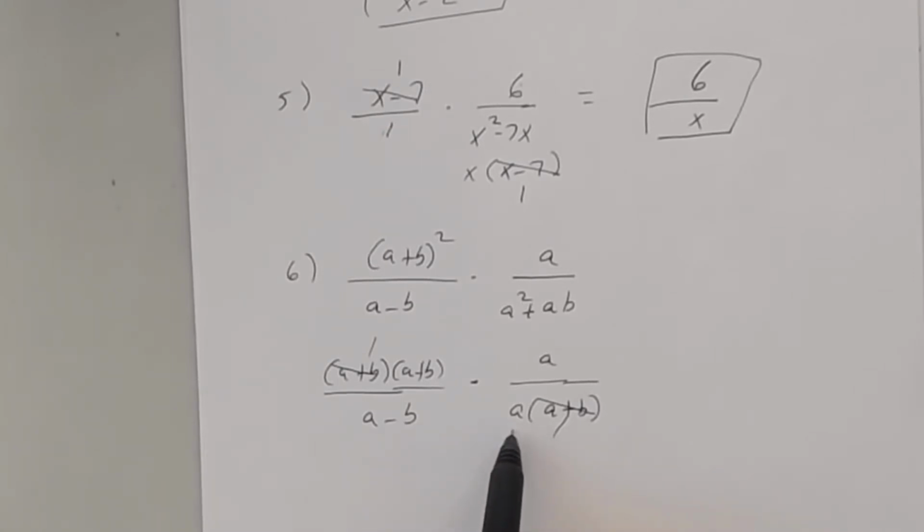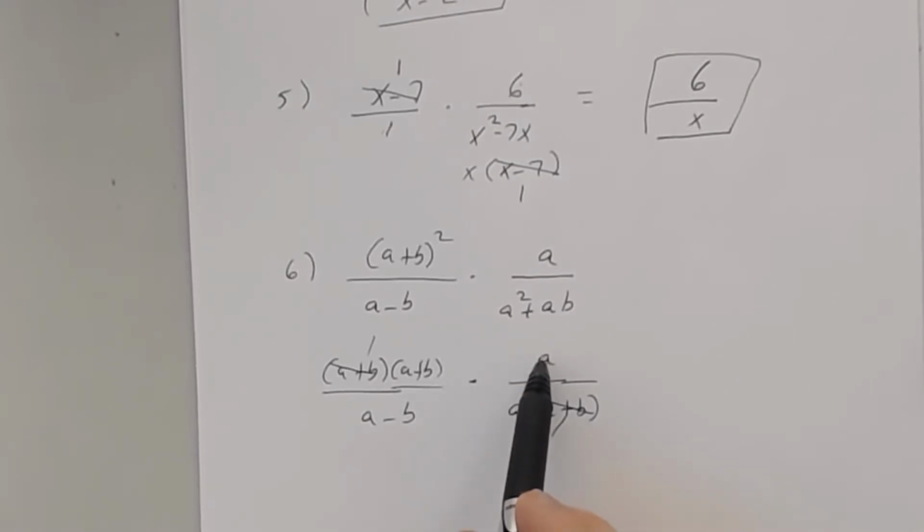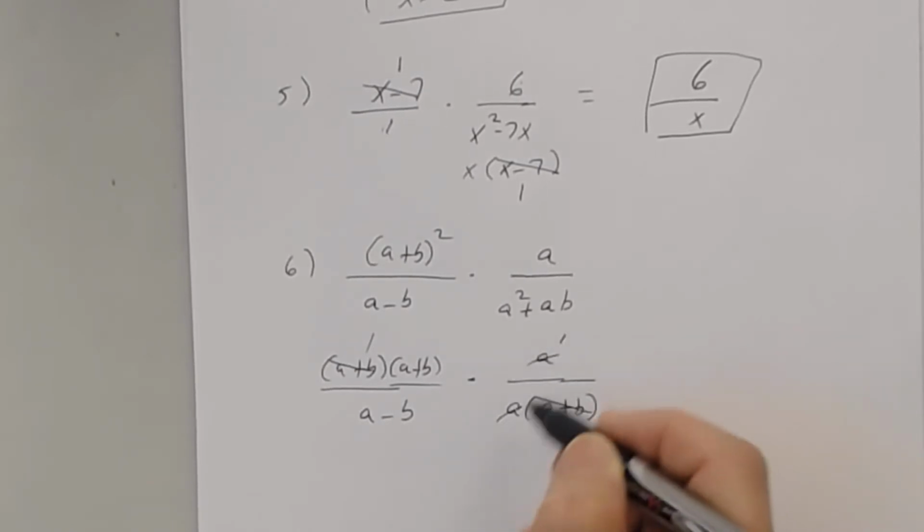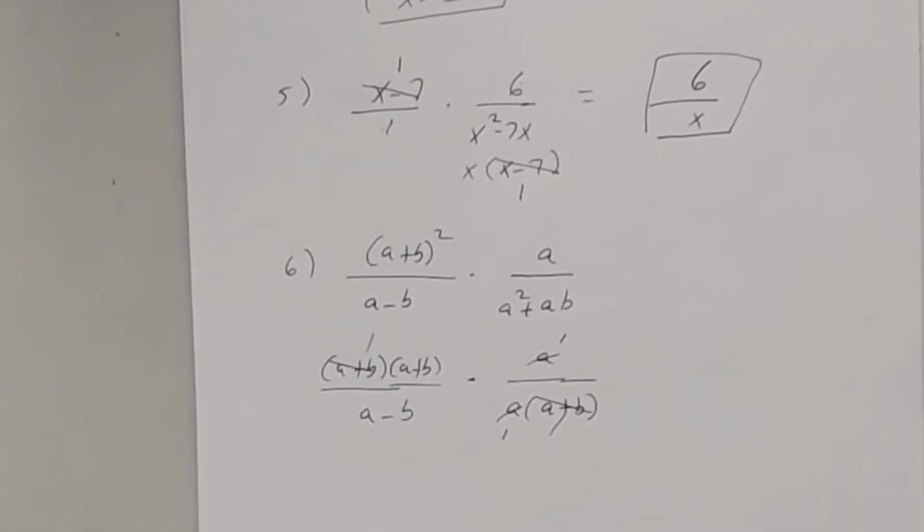A. Because that's a 1. The next factor is an a. Will that reduce with a factor in the denominator? Yes, because there's an a here. So a, what is left in their places? 1. And that's all you can do in terms of reducing.